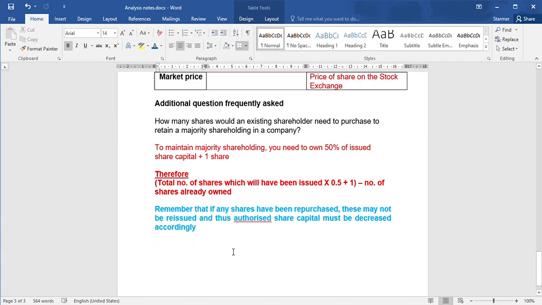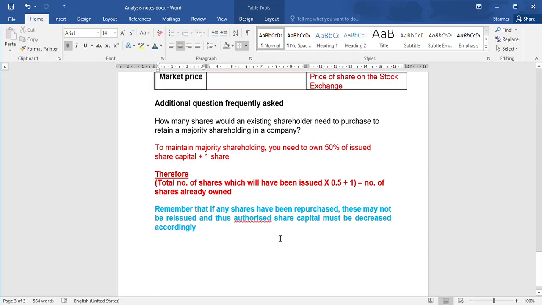Just a reminder here as well, that if in the question they mention that shares have been repurchased, once shares have been repurchased, they are retired. They may not be reissued. That's going to decrease, therefore, your authorized share capital by whatever number of shares has been repurchased. So you will make use of the lower authorized share capital if the company wants to sell all of its unissued shares.